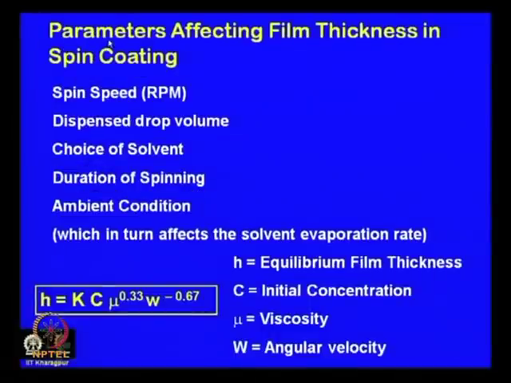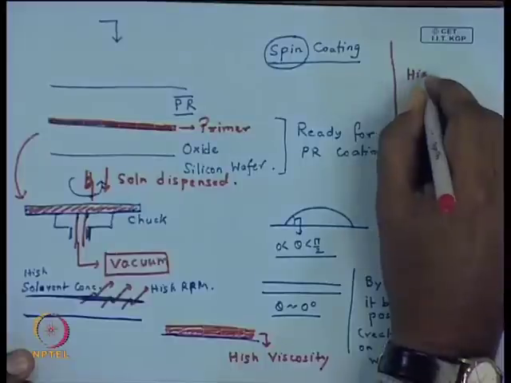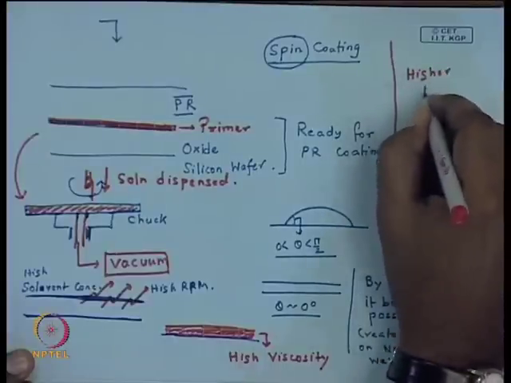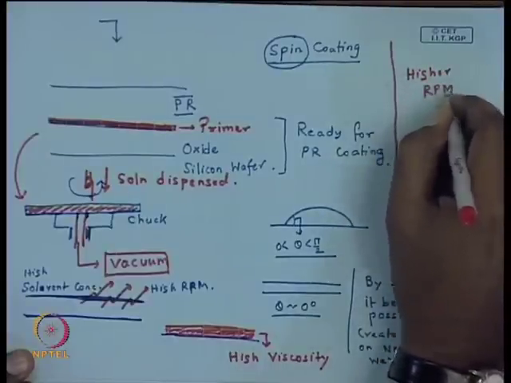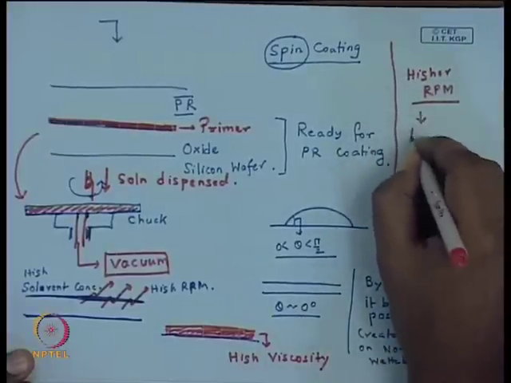So, the critical parameters affecting the film thickness in spin coating are of course the spin speed. You can probably understand qualitatively that the higher the spin speed you are adopting, the lower will be the film thickness.